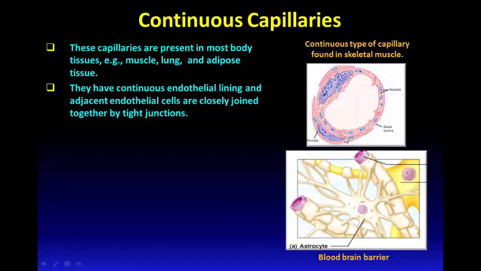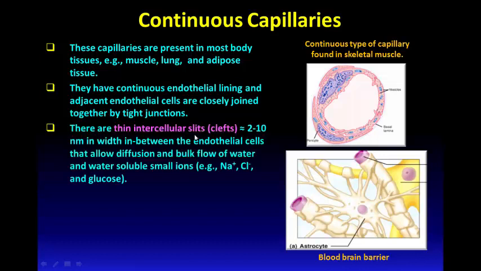This is not an endothelial cell, this is a pericyte. The continuous capillaries have thin intercellular slits or clefts of about 2 to 10 nanometer width in between the adjacent endothelial cells in order to allow the diffusion and the filtration, the bulk flow of water and the water-soluble ions, including sodium, chloride, and also glucose through the capillary walls.